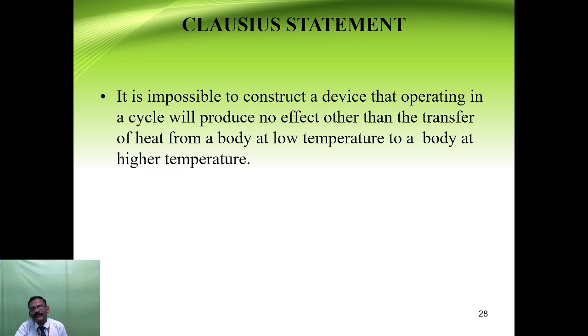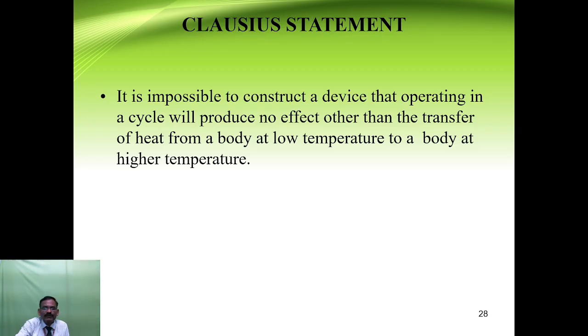It mainly focuses on the principle of the refrigerator. The statement says that the transfer of heat from lower temperature to higher temperature is not possible without giving any input.